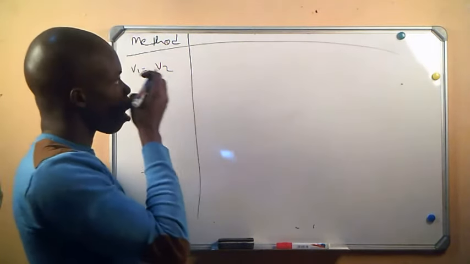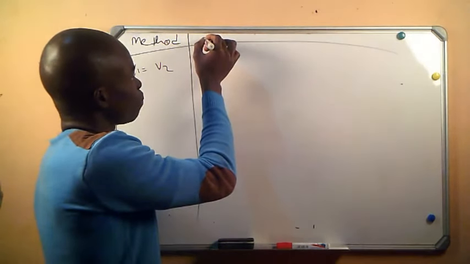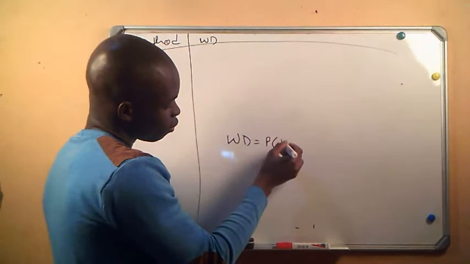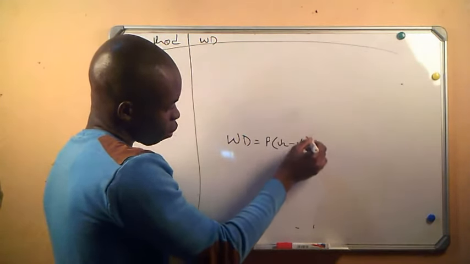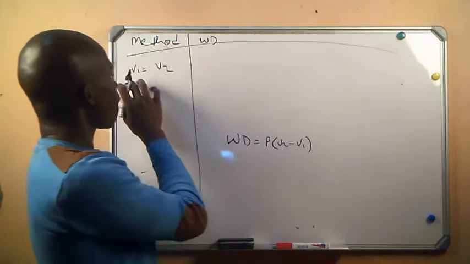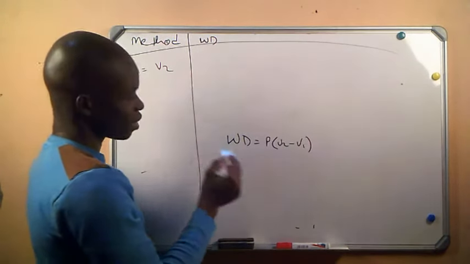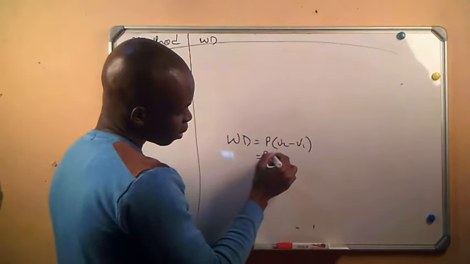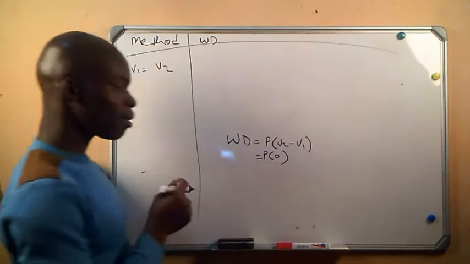Now in constant volume, as we have seen, our work done is P times V2 minus V1, and in constant volume the volumes are the same, meaning we will have P times 0.